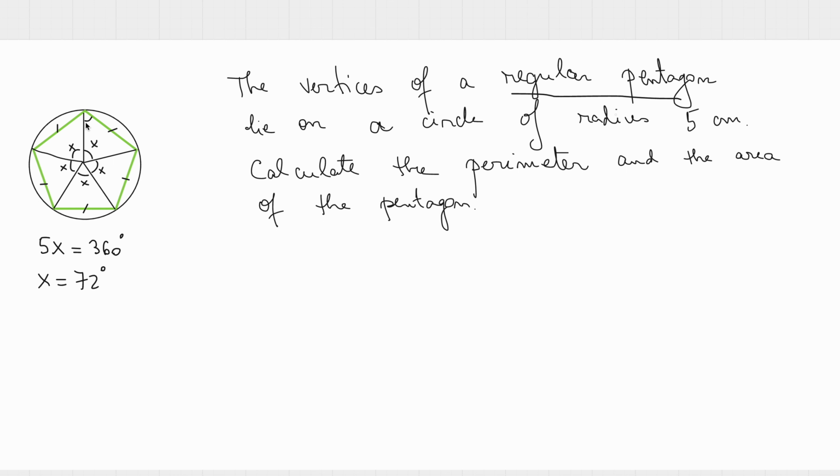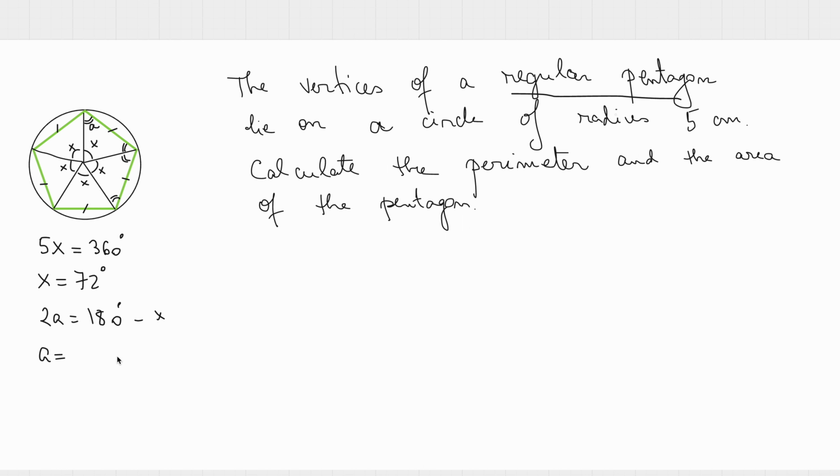These angles are equal. Why is that? Because the radius of these two sides are equal, and this is an isosceles triangle, and the angles at the base are equal. Let's denote them with A, and we can say that A plus A, 2A is 180 degrees minus x.